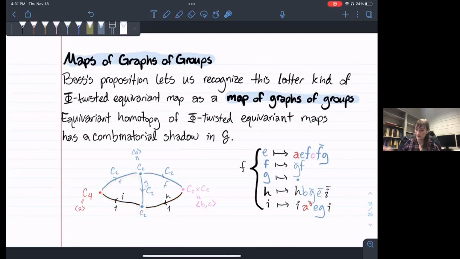So like that. And the edge I is getting mapped over I, and then pick up A cubed, and then go along E, and then G, and then I again. This is just an example to write down, just so I had one. Great.